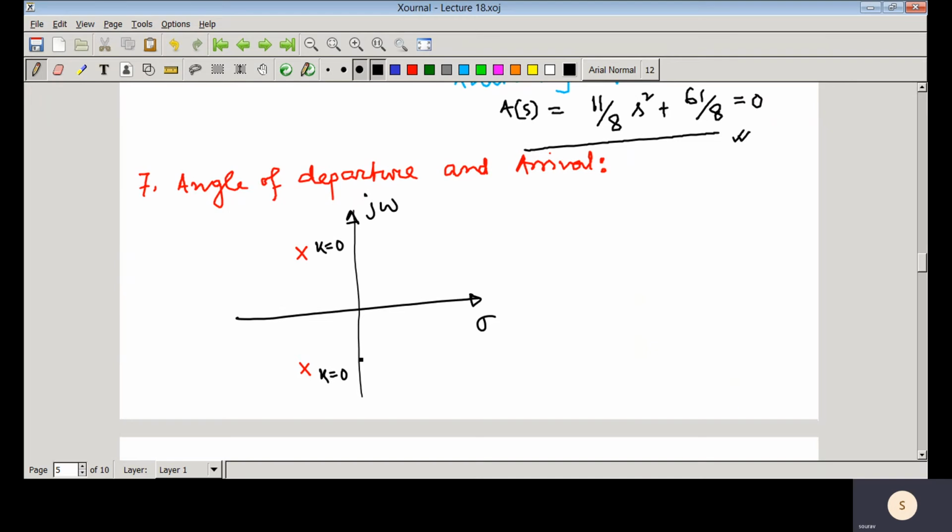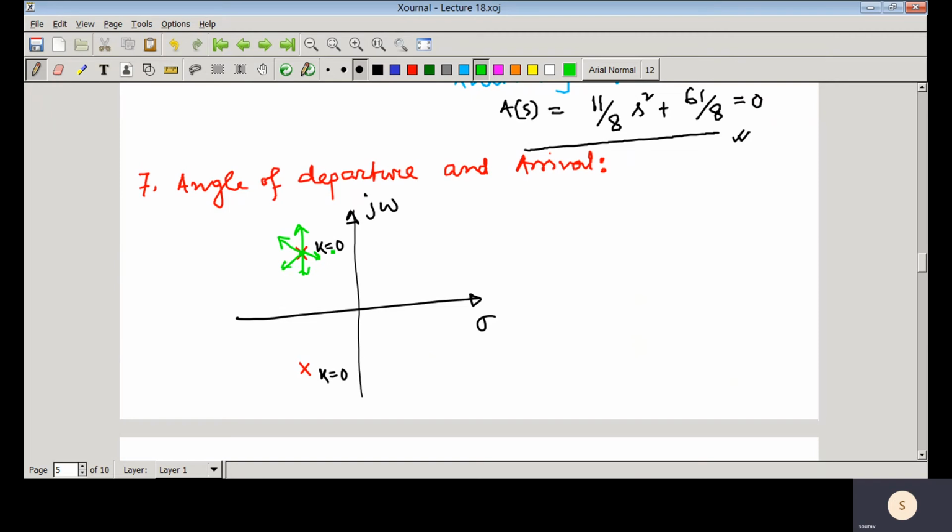Now the question is, when k starts increasing, how will the closed loop pole change and what would be its direction? At k equal to 0 you are here, and when k starts increasing, it may move along this direction or along that direction.